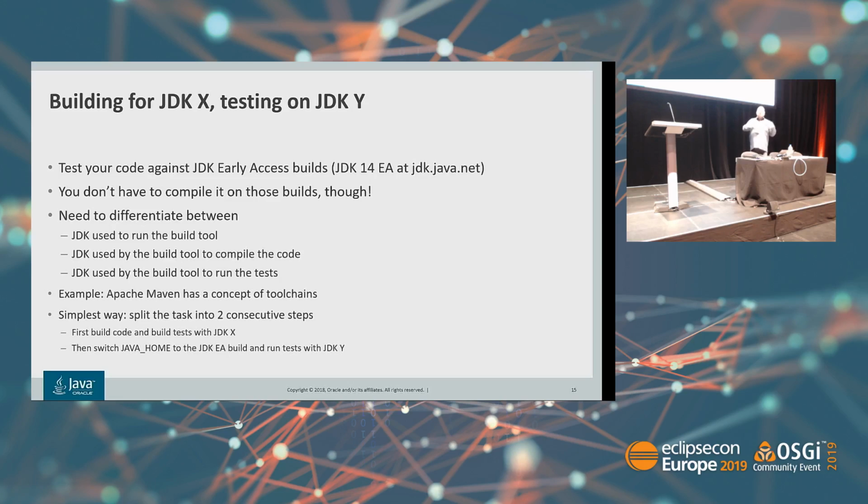But of course, there's also the simpleton way, which is how I do it. You first build the code using the JDK you run on. So for example, 13 now, you build and run its tests using the JDK you run on. Everything passes, you're good, awesome. And then you switch JAVA_HOME around to the next early access build of the next release and rerun the tests with that.